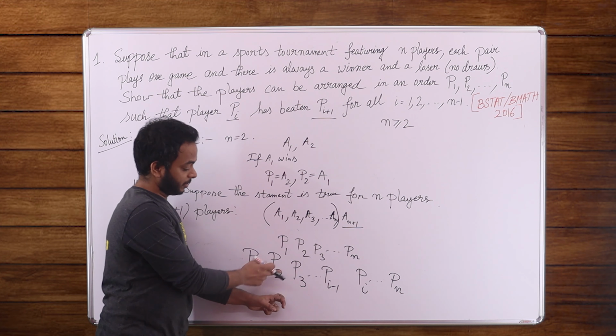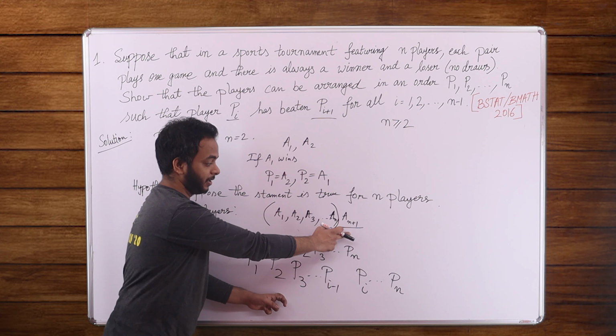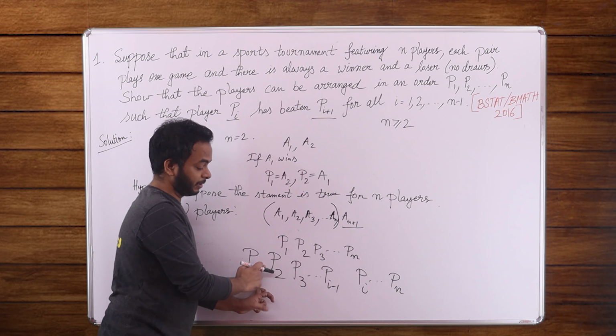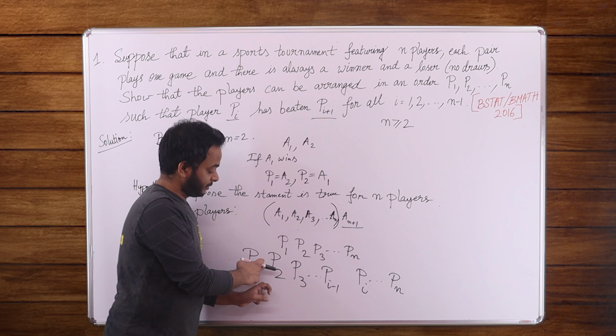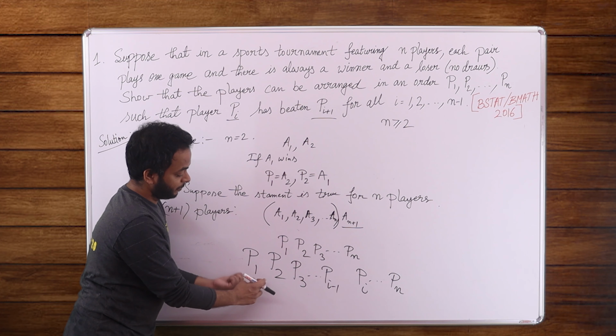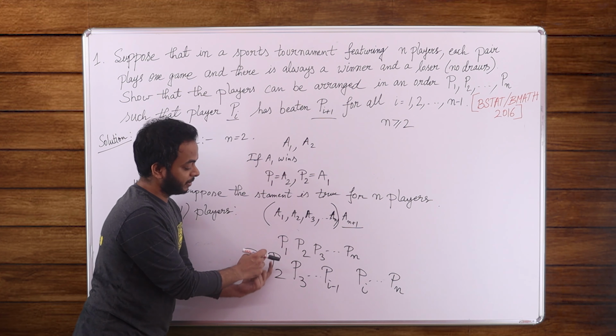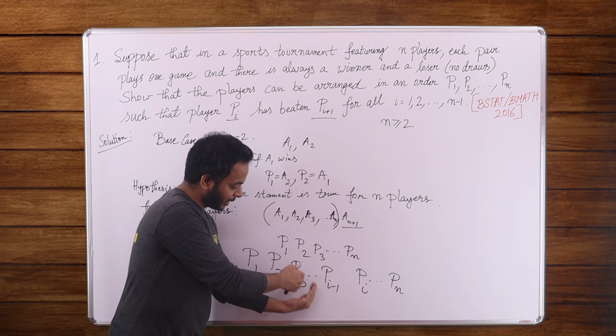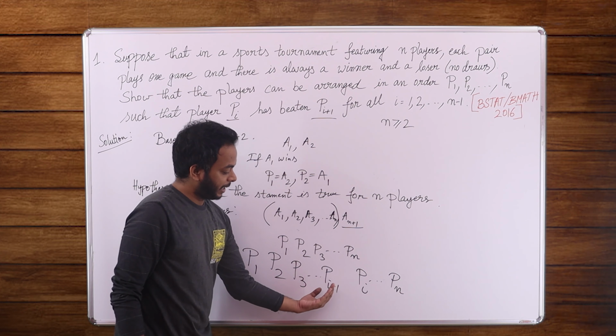If no, then I'll go to p2 and I'll ask n plus 1, have you defeated p2? If yes, then I'll put it here, right? Then the condition is that p1 is defeating n plus 1 and n plus 1 is defeating p2. And so on, I'll keep on asking till the answer is yes for the first time.